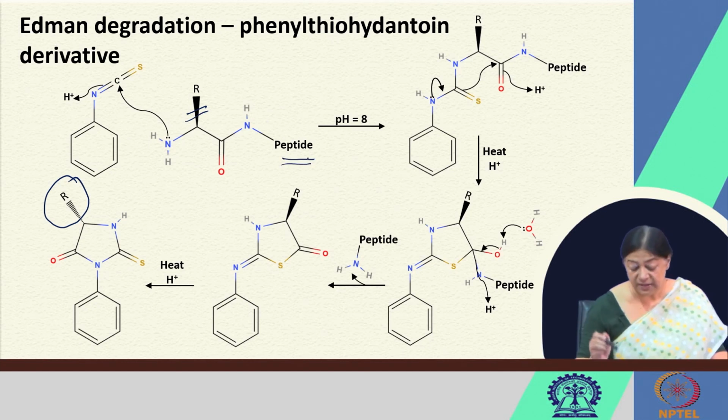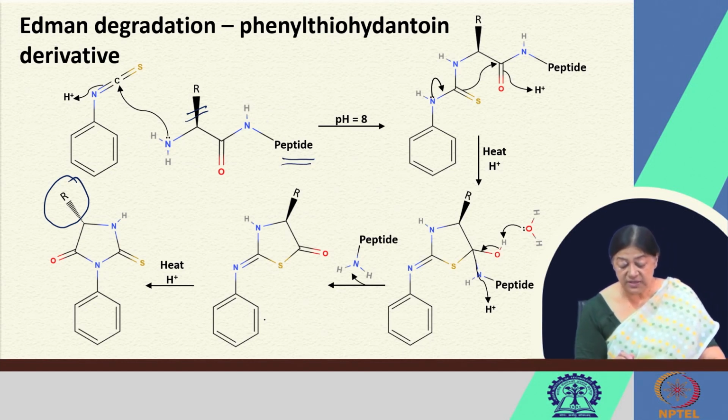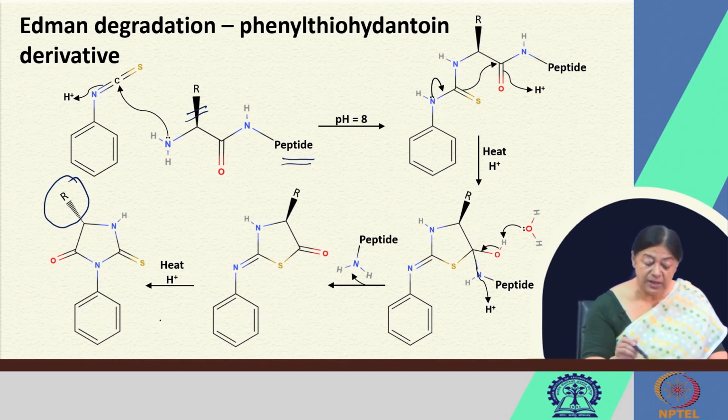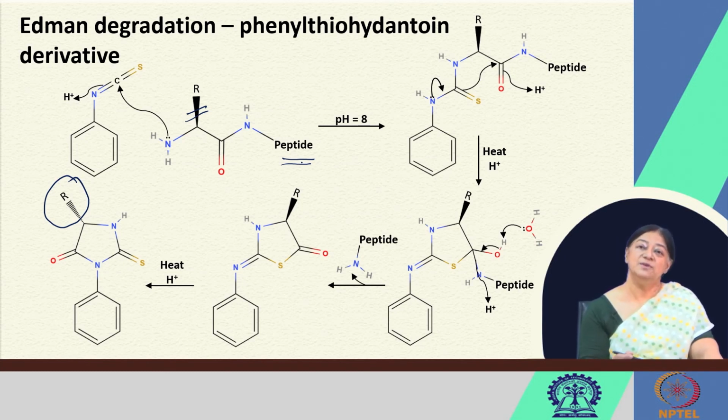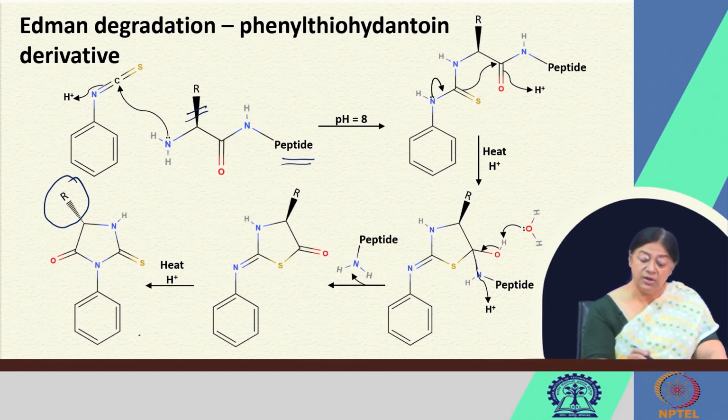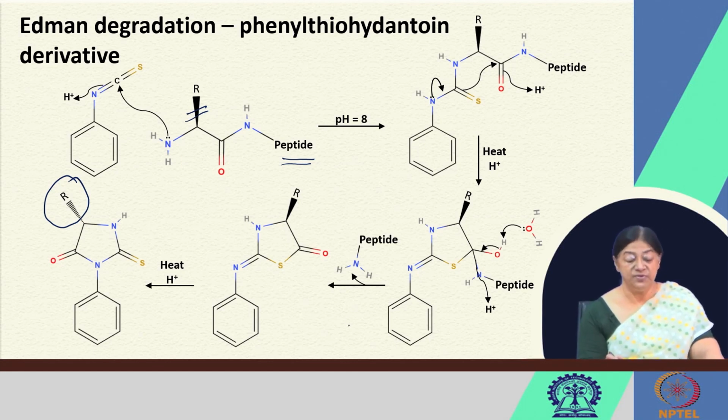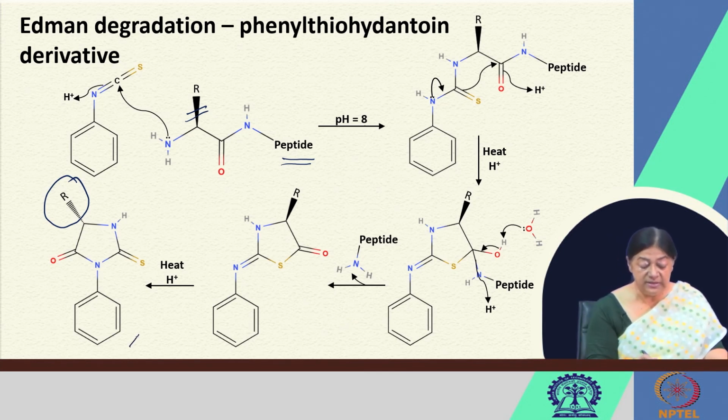rest of the peptide. Now, the interesting part here is that we can now subject the rest of the peptide to the same reaction, because now we have a new N terminus. So, we can find out what that N terminus is based on the specific sequence of the reaction. So, in this degradation, we can find out the N terminus.